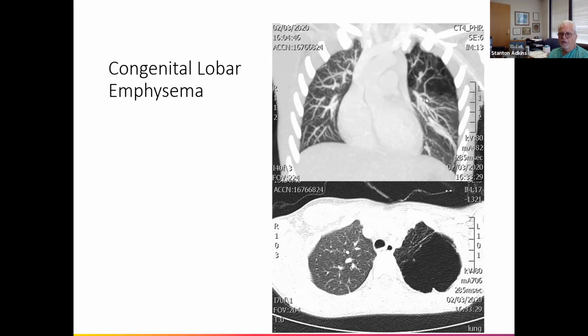And on the left, you have the lower lobe vessels, but the upper lobe has a relative paucity of vessels and has very little actually going through it. If you take a look on the transverse view, you see that there's almost no parenchyma there.